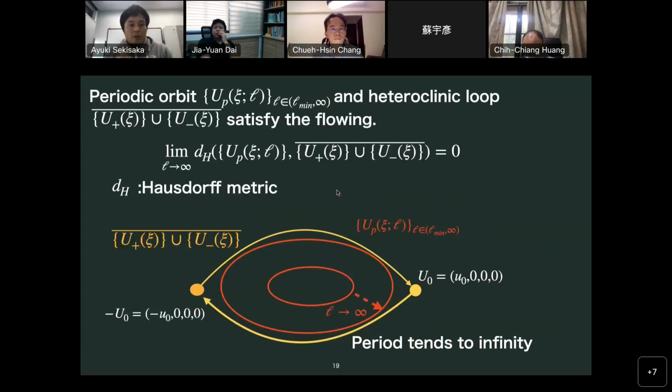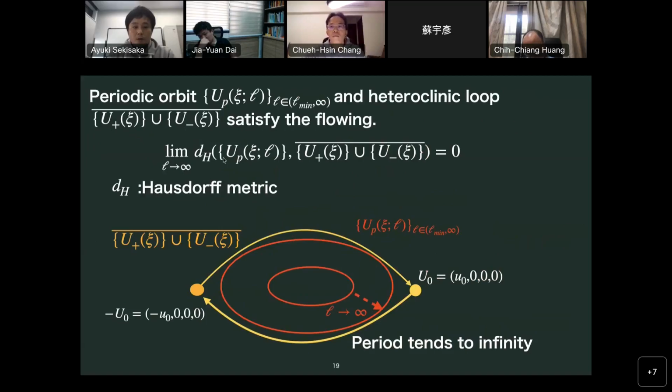The periodic orbit U_P and the heteroclinic loop, which is the closure of the heteroclinic orbits U plus and U minus, the closure of this set satisfies the following. D_H is the Hausdorff metric on four-dimensional Euclidean space.